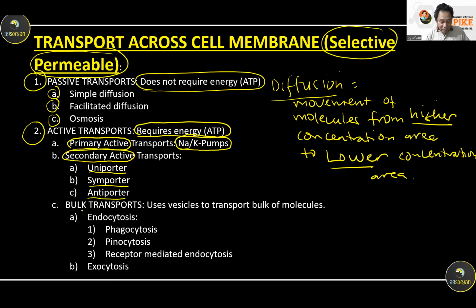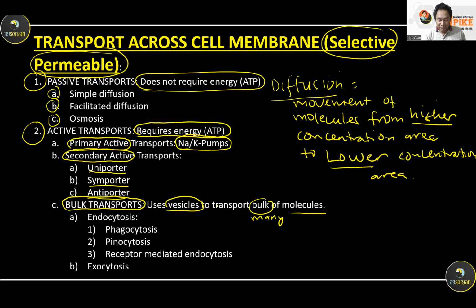And the next one of the active transport is called the bulk transport. Bulk transport is the active transport that uses physical force to transfer bulk or many molecules at the same time.